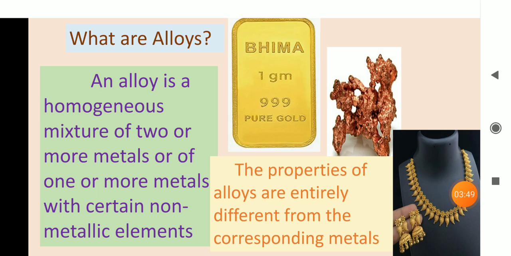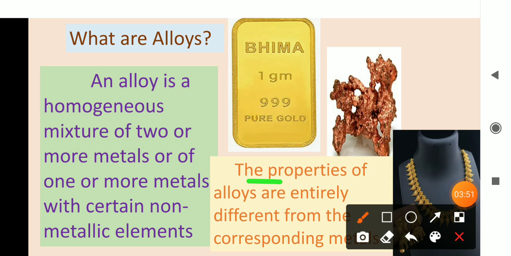Then one more thing I need to tell you about is the properties of alloys. Just now I told you an example. The pure form of gold is very soft, but when it is mixed with a little quantity of copper, it becomes hard. So from this activity, what we can conclude is the properties of alloys are different from the metals from which they are produced. Is it clear, students?